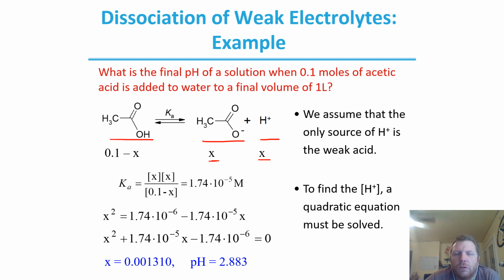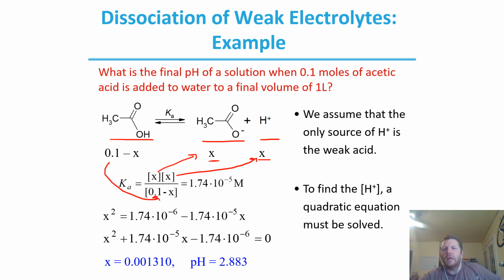So what we're going to do is set up our calculation where K sub A is equal to X, the concentration of our dissociated form, times the concentration of our protons, divided by our initial concentration of acetic acid minus whatever we lose.